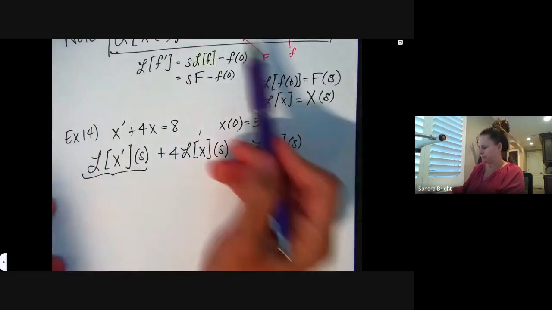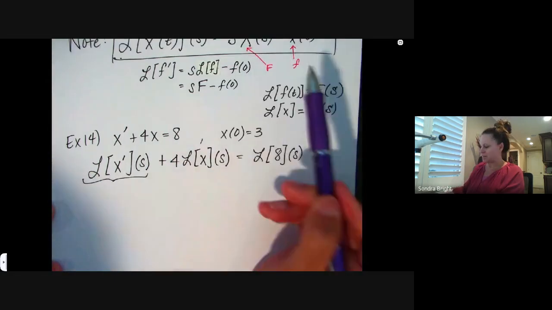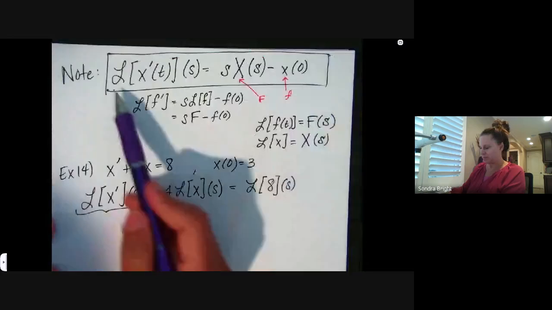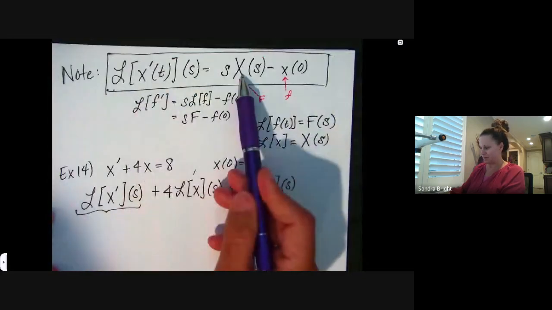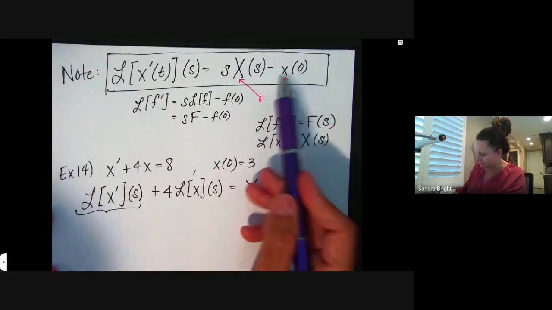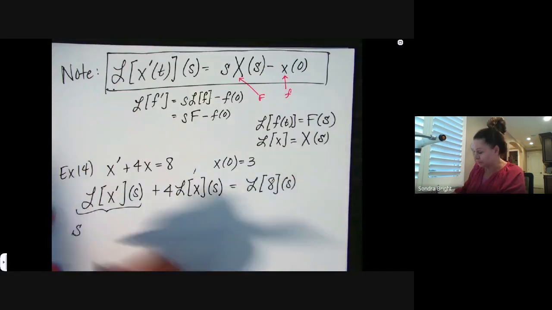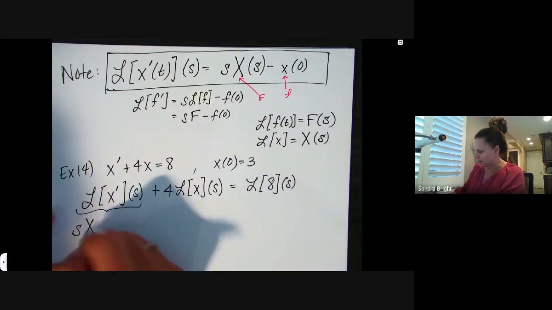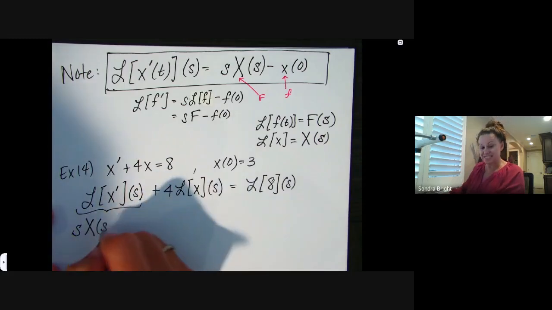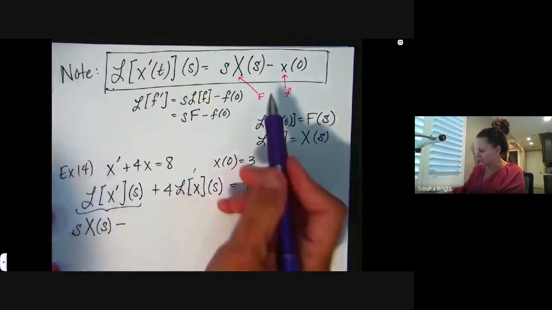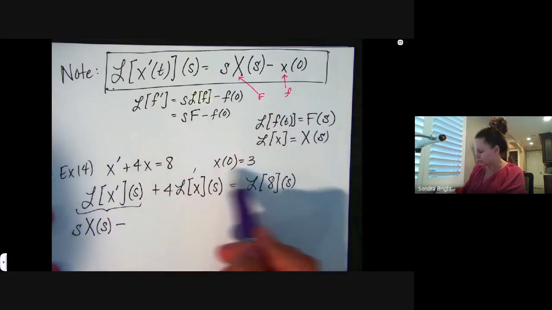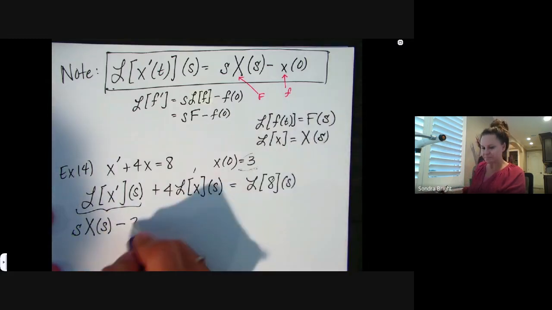All right, well, this guy we know is this. Slide it down. L of x prime of s is s times capital X of s minus x of 0. So this guy becomes s times big X of s minus x of 0. But they gave me x of 0 is 3, so I'm going to go minus 3.